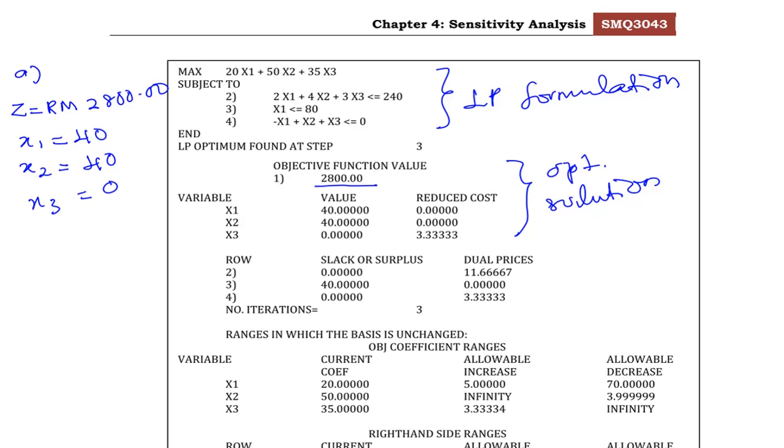So to maximize the sales, this company needs to produce 40 x1, 40 x2, and 0 x3, so that the maximum value is 2,800 ringgit.